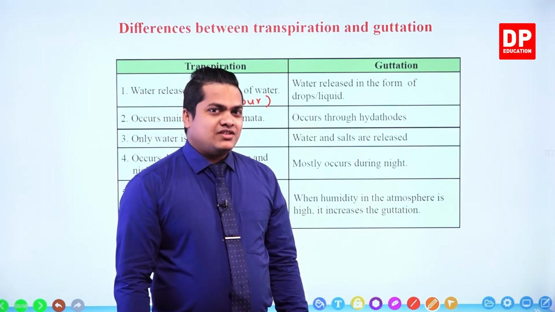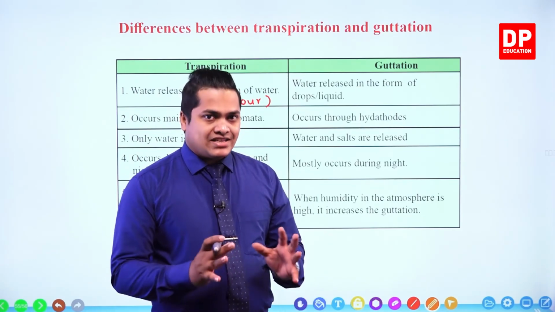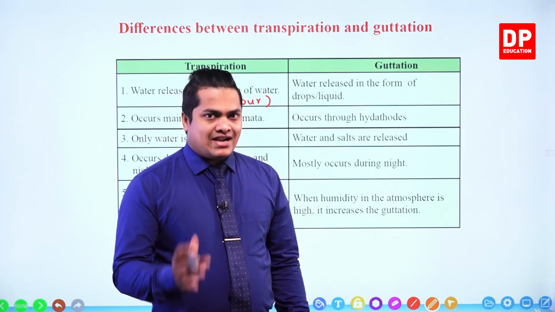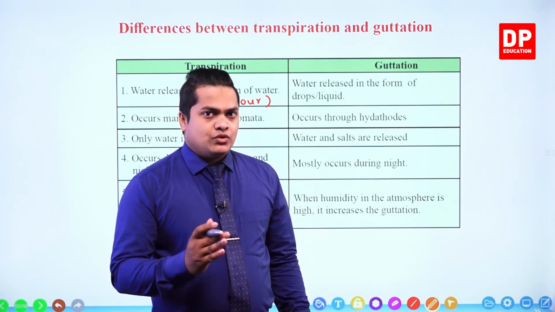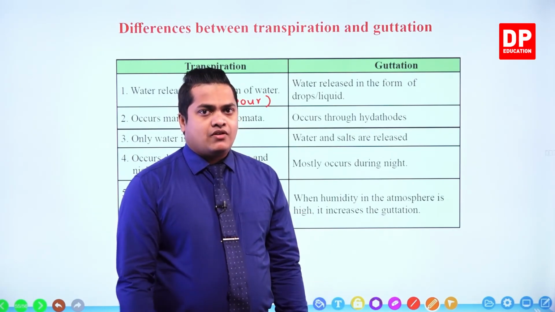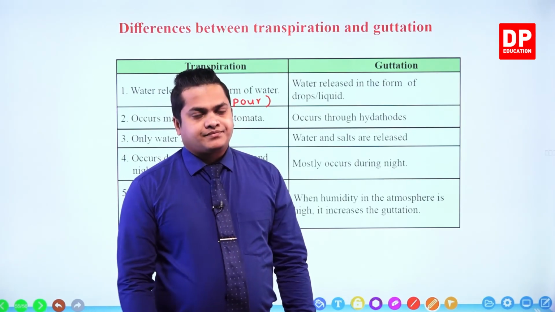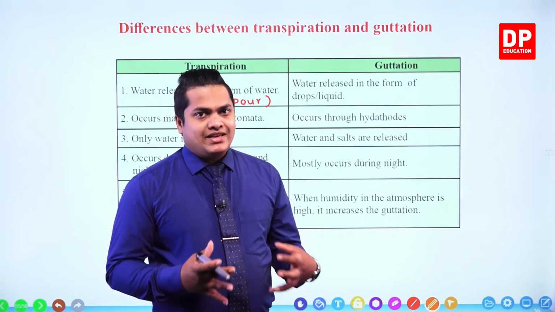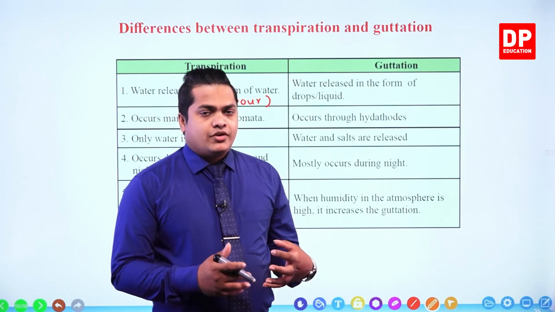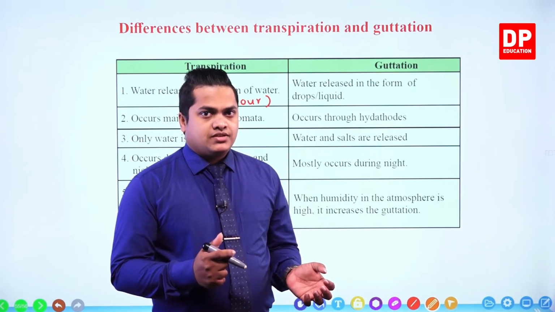Guttation is mainly occurring because of high humidity. That's why it mainly happens at night time, because at night, our environment has a large number of water particles or water vapor. So humidity in our atmosphere highly affects the guttation process.